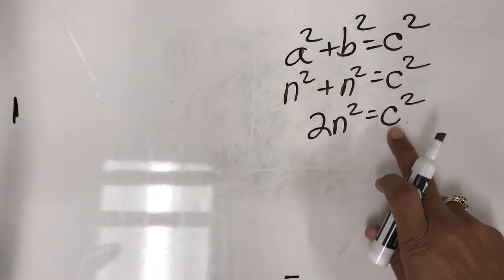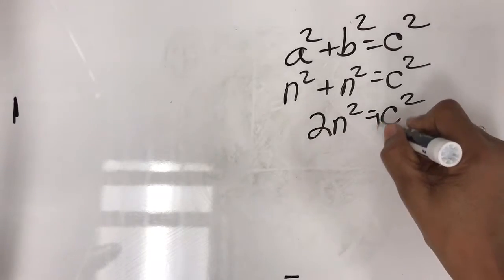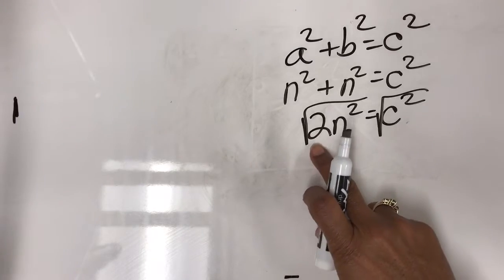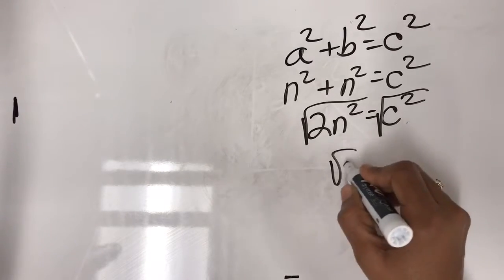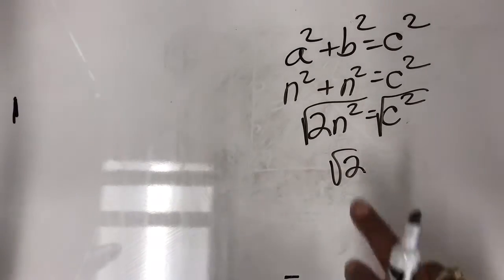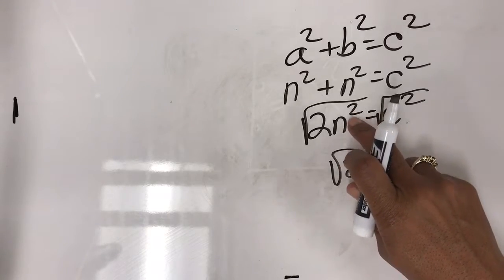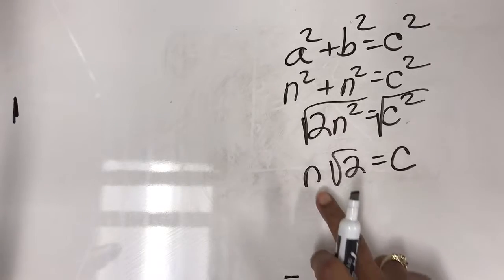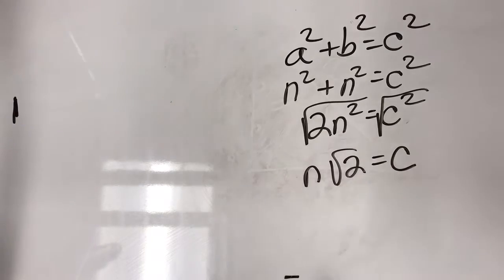But we don't want c squared, we want c. So we have to take the square root of both. The square root of 2 stays the square root of 2 because it's not a perfect square. But the square root of n squared is n. And so c is equal to n square root of 2.